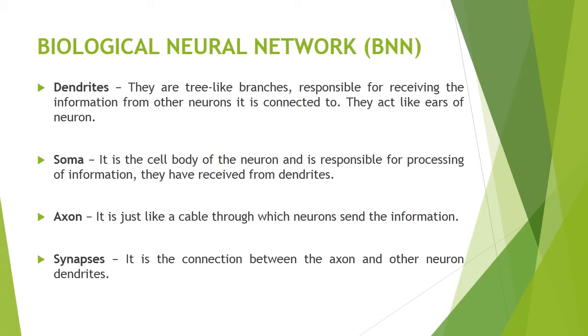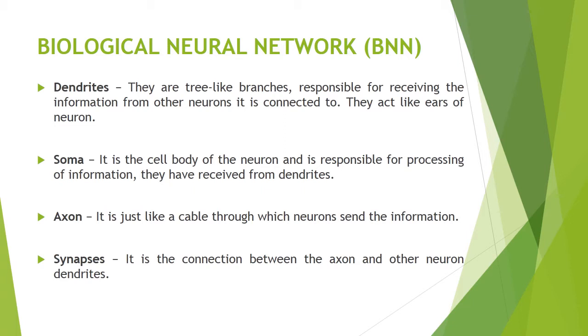Then you have the soma or the cell body, which is responsible for processing the information which has been received from other dendrites, and then a particular threshold is reached. This is being transferred via the axon, which acts like a cable to the other neuron.